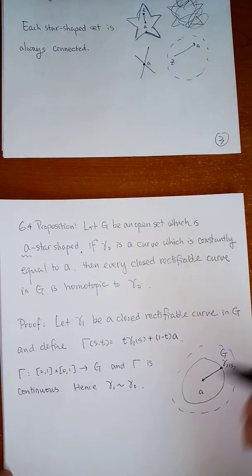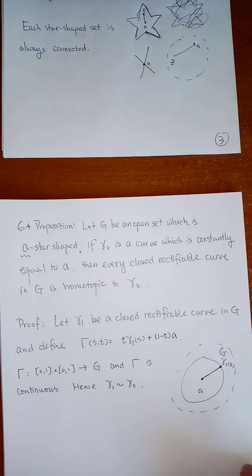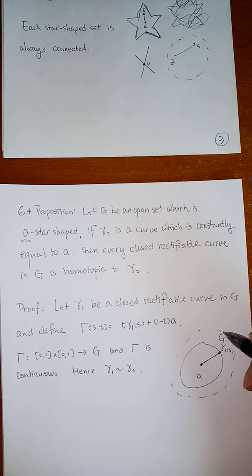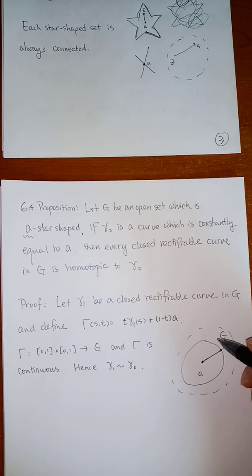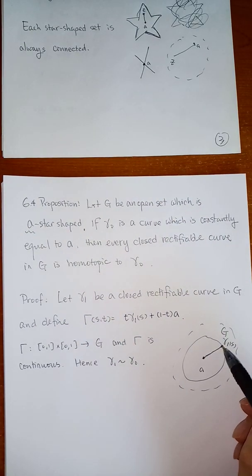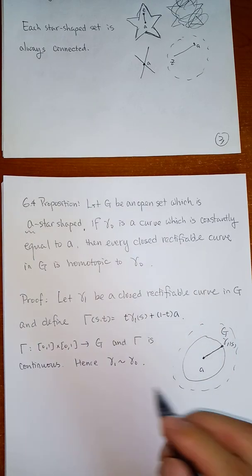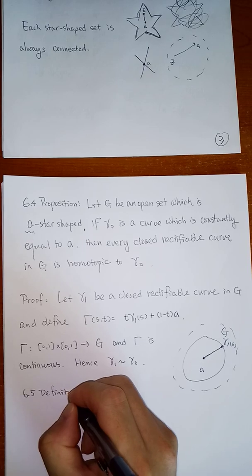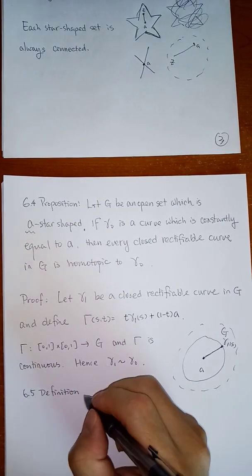Okay, just use the straight segment to connect the point to the fixed point A. Okay, we are going to use this homotopic condition a lot, and also we will use this homotopic condition to the constant curve a lot. So that's the reason we have the following definition, because we will repeatedly use this concept.